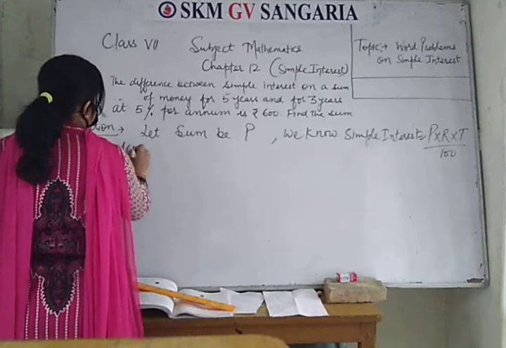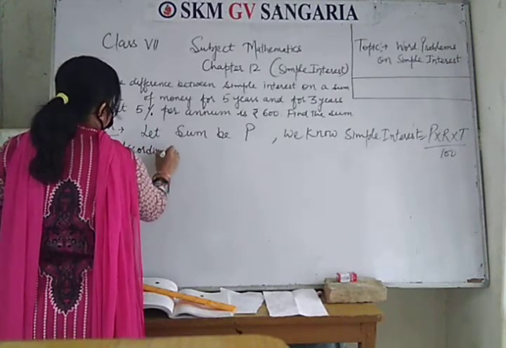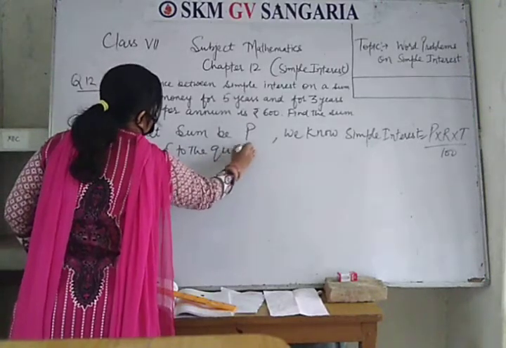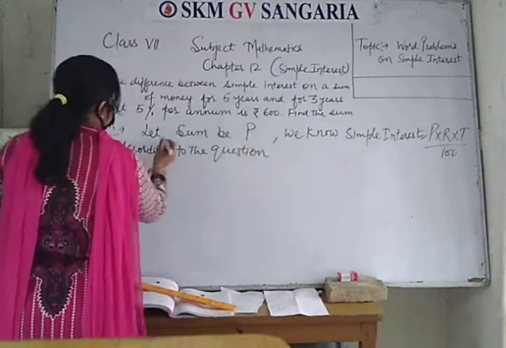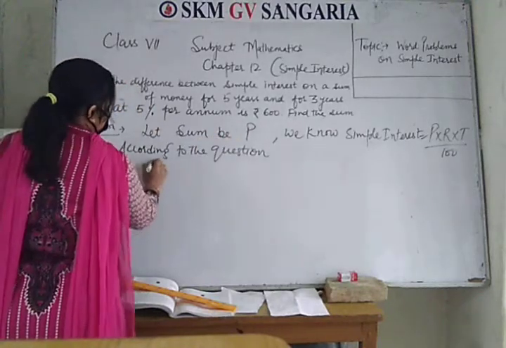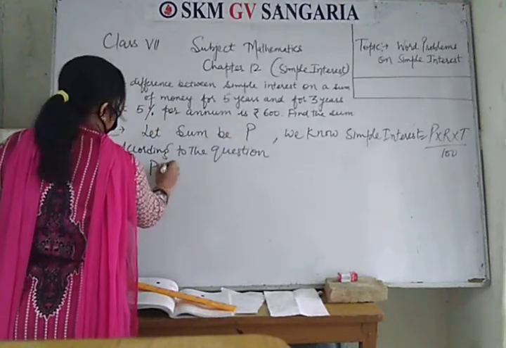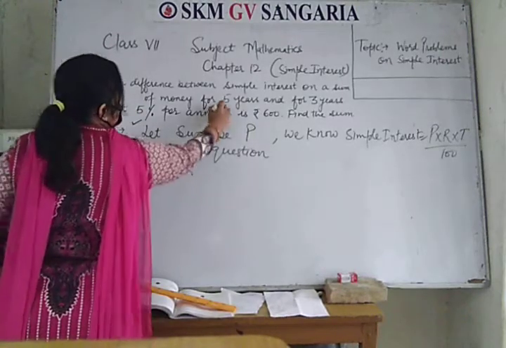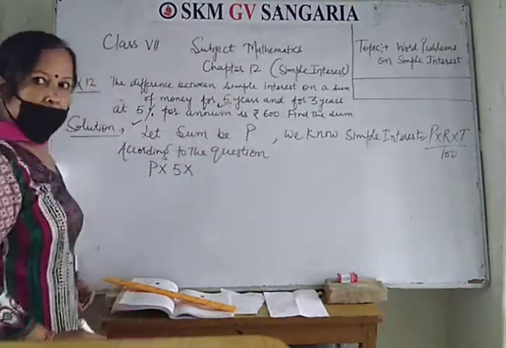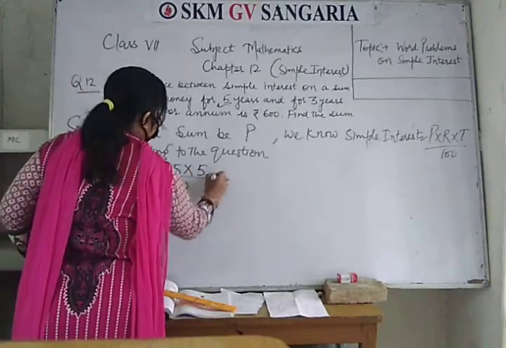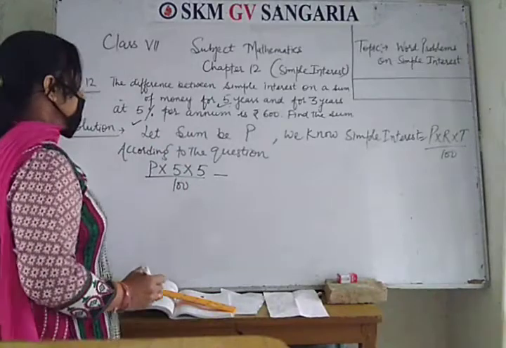So according to the question, simple interest, we have taken here sum P into R is 5%, into T, first we will take for 5 years, divided by 100.